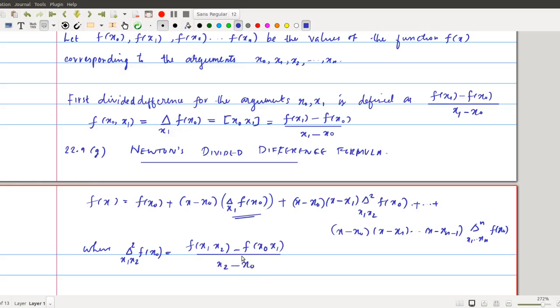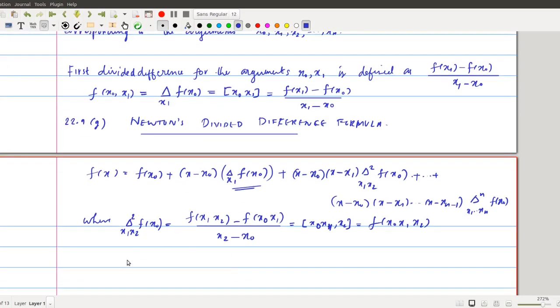This is also denoted by the symbol x naught x1 x2, or you can use f of x naught x1 x2. So this is nothing but f of x1 x2 minus f of x naught x1 divided by x2 minus x1.